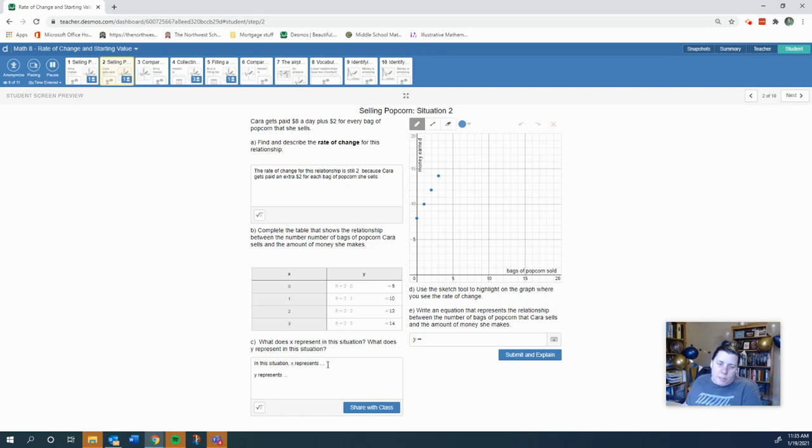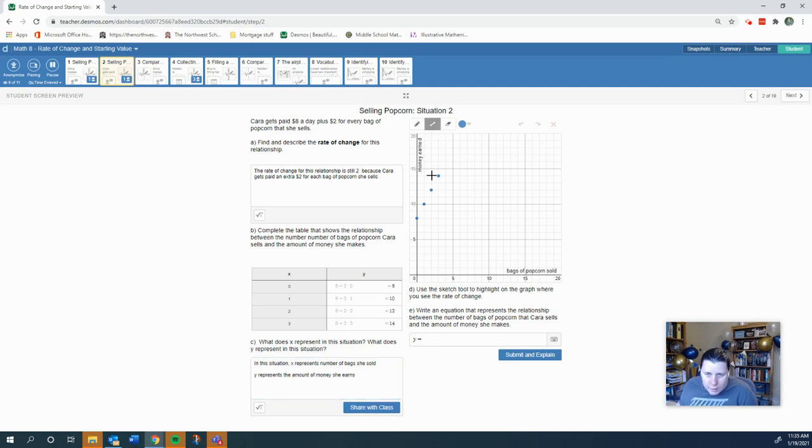This situation is a little bit different, but the X and Y are the same as the last situation because it's still the number of bags she sold and the amount of money she makes, the money she earns.